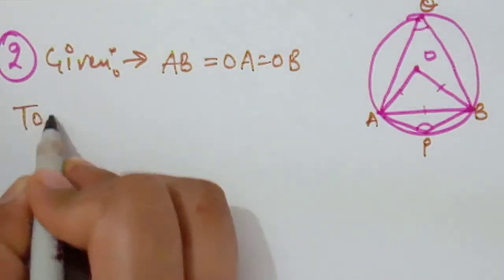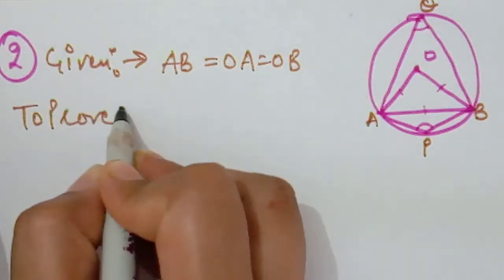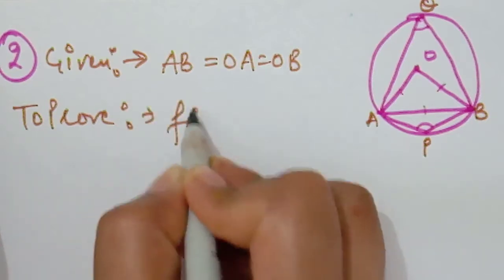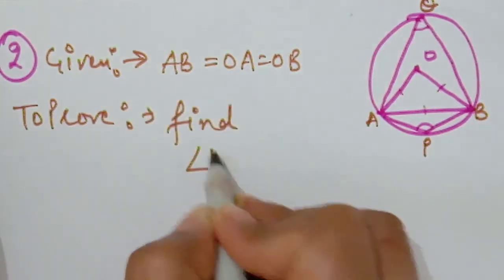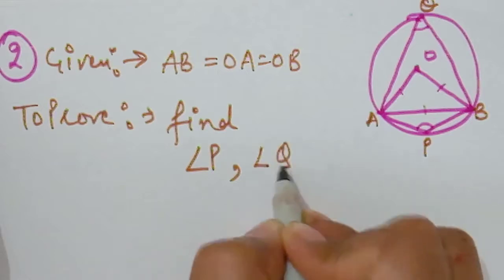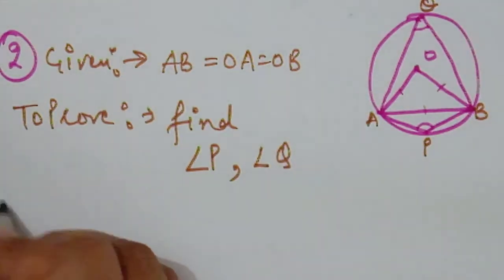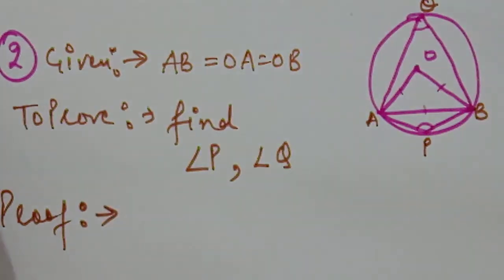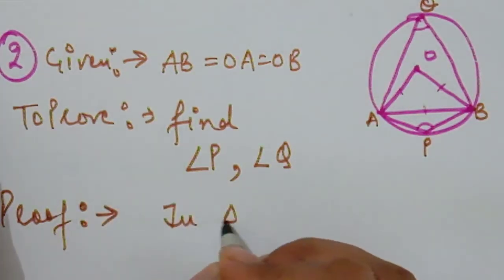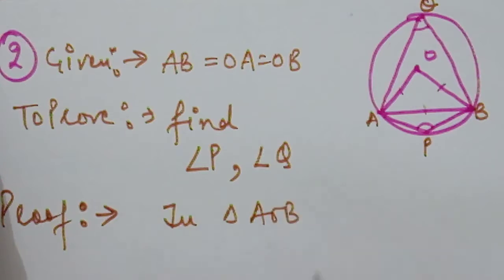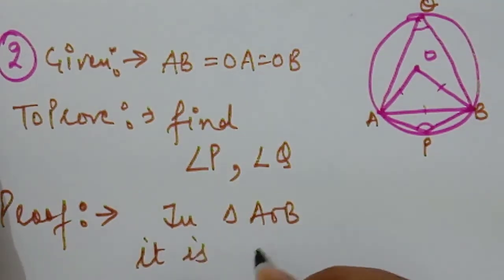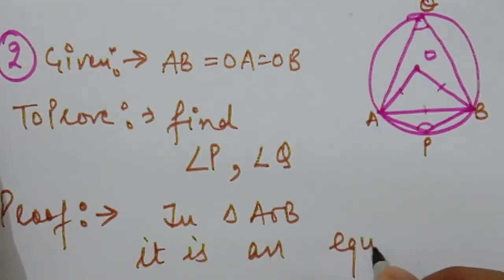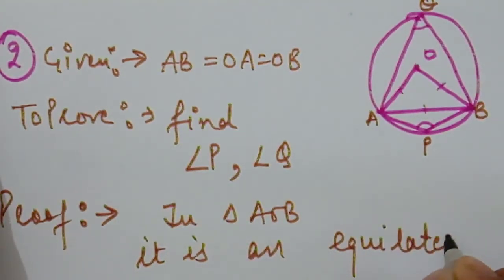Now what we have to find? Angle P as well as angle Q. We have to find these two angles. Proof. So students, in triangle AOB, it is an equilateral triangle.